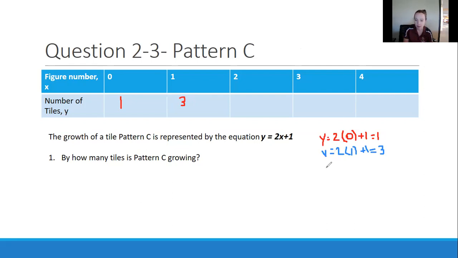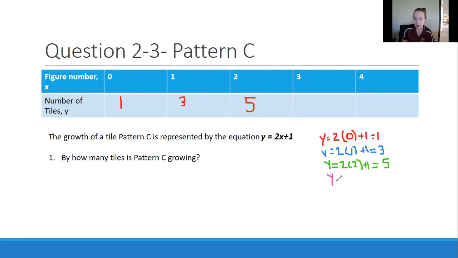Let's plug in another one. So y equals 2 times 2 plus 1. Now 2 times 2 is 4 plus 1 is 5. So I know my input is 2, my output is 5. Or when my figure number is 2, I have 5 tiles. So many different ways to think about this.